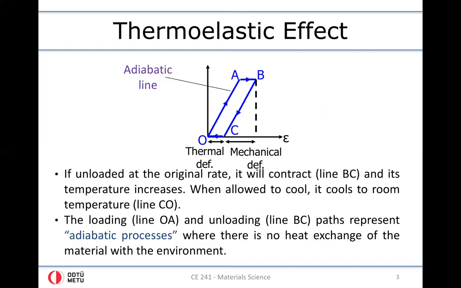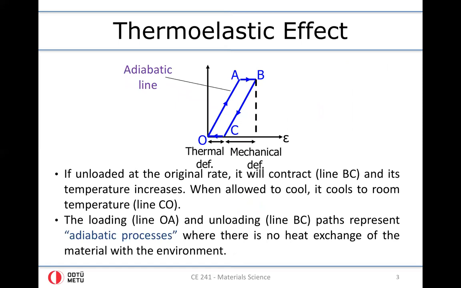So what happens if you unload the material along BC very quickly? The material will contract, but its temperature will increase. Therefore, it will contract less than if it was deformed at a slower rate or under isothermal conditions.